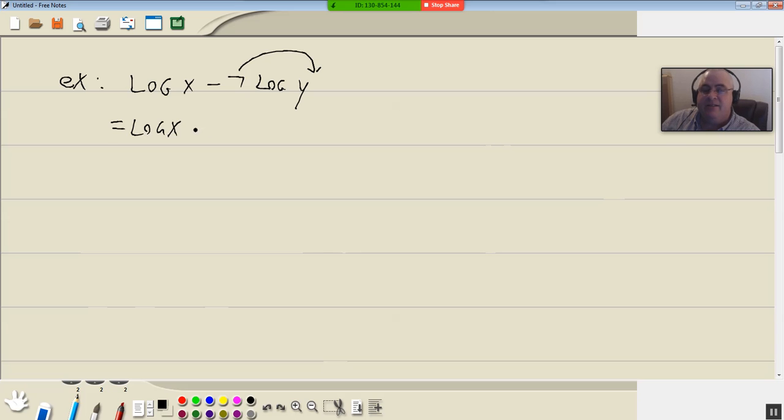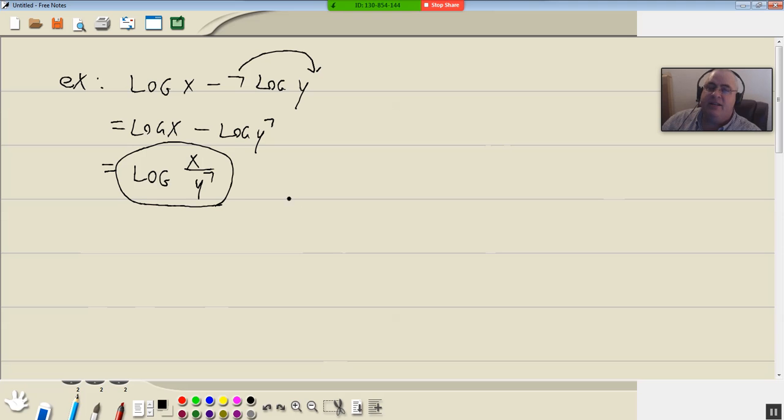So I'm going to have log x minus log y to the 7th. Now I have log of something minus log of something. Subtraction becomes division, so we're going to have log of x over y to the 7th. And our goal is to get a single log.